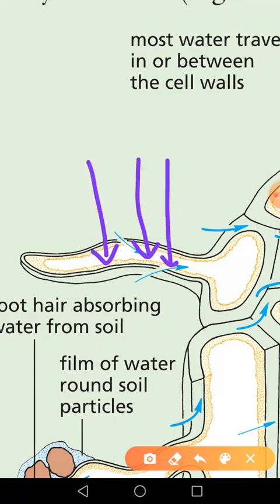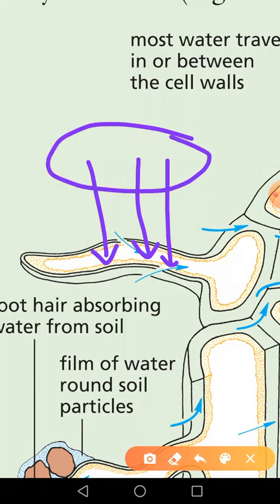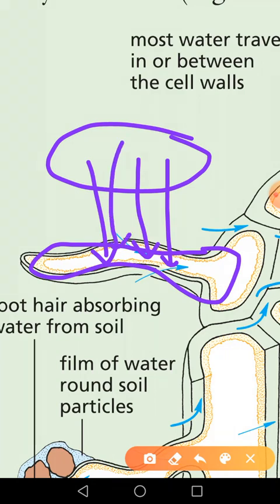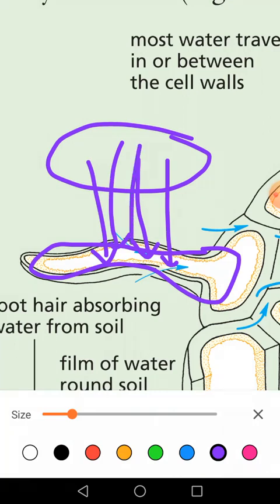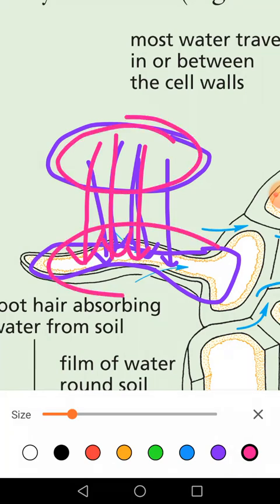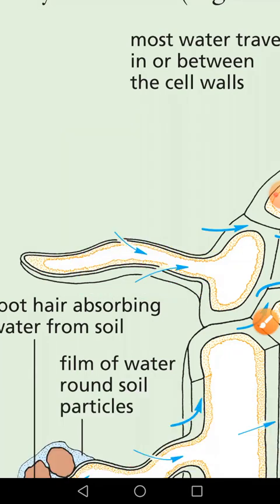The soil region has fewer ions, but the root hair cell region has more ions. So the ions are taken from a lower concentration region, the soil, to a higher concentration region, the root hair cell.